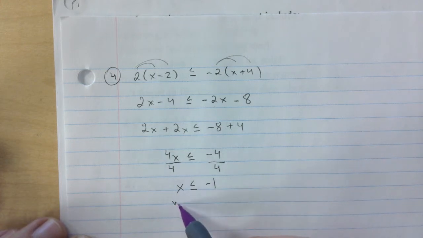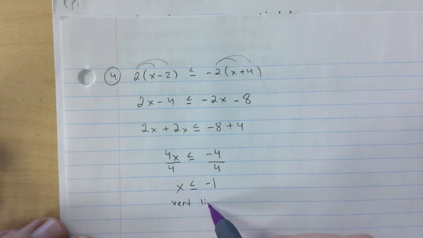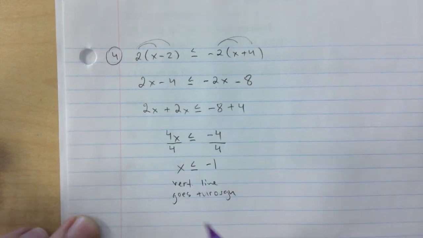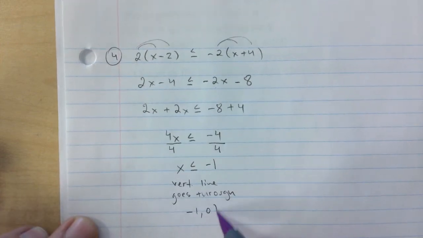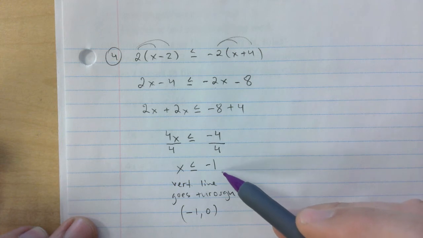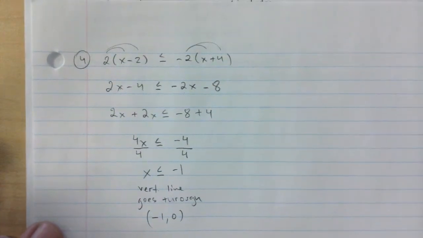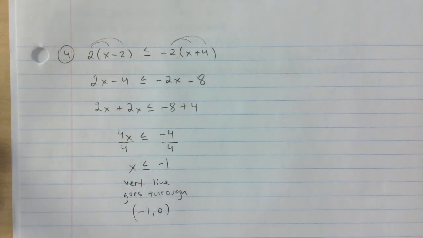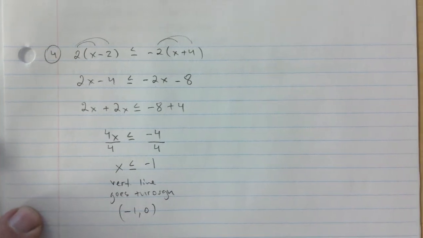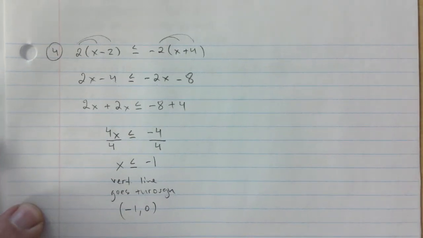This is just a vertical line and goes through negative 1, 0. Like if you're thinking of the boundary line that's going to come out of that inequality, it's going to be a vertical line. We talked about that at the very beginning, that x equals to something is a vertical line.